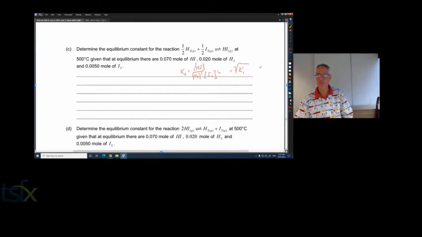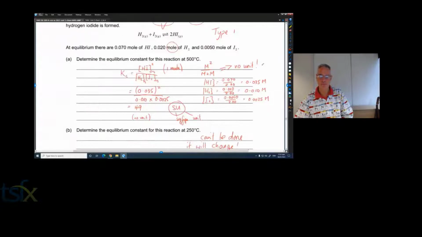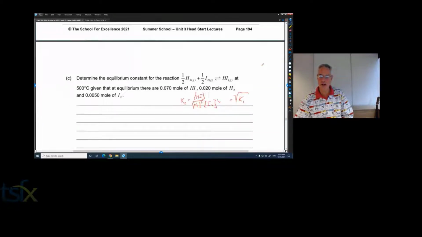Have a look at it. That was HI squared on H2 I2. Square root all of that, and you get HI on H2 I2, both raised to the power half. So the value of K2 must be the square root of the value of K1. It's going to be the square root of 49.